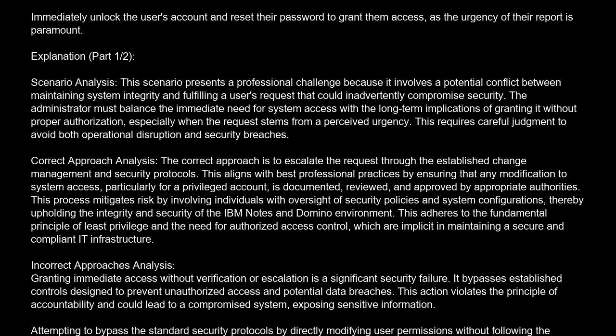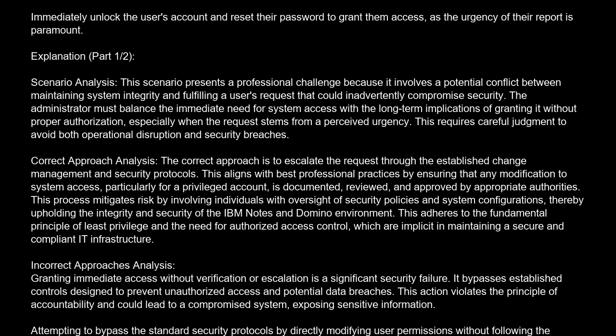Incorrect approaches analysis. Granting immediate access without verification or escalation is a significant security failure. It bypasses established controls designed to prevent unauthorized access and potential data breaches. This action violates the principle of accountability and could lead to a compromised system, exposing sensitive information.